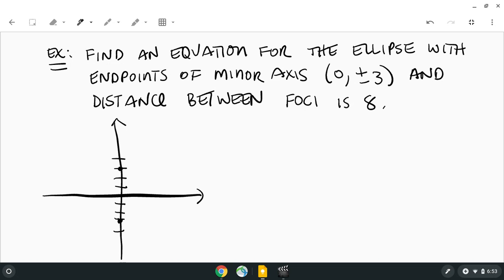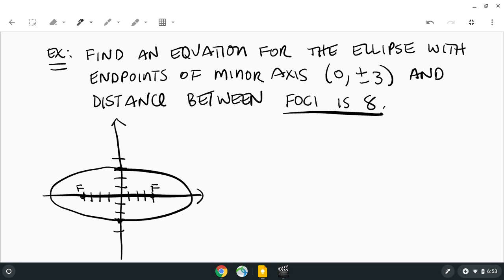The focus points are always along the major axis. And it says here that your distance between your two focus points is 8, which means I have 1, 2, 3, 4, and 1, 2, 3, 4. So you have a focus point here, and you have a focus point here, and you're something like this.